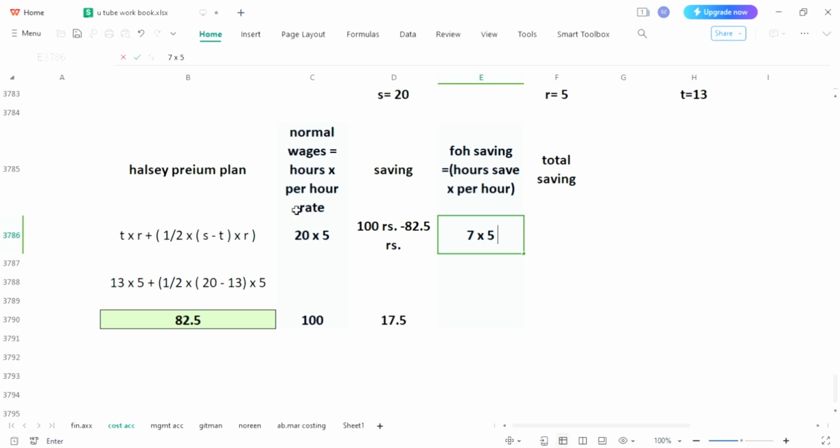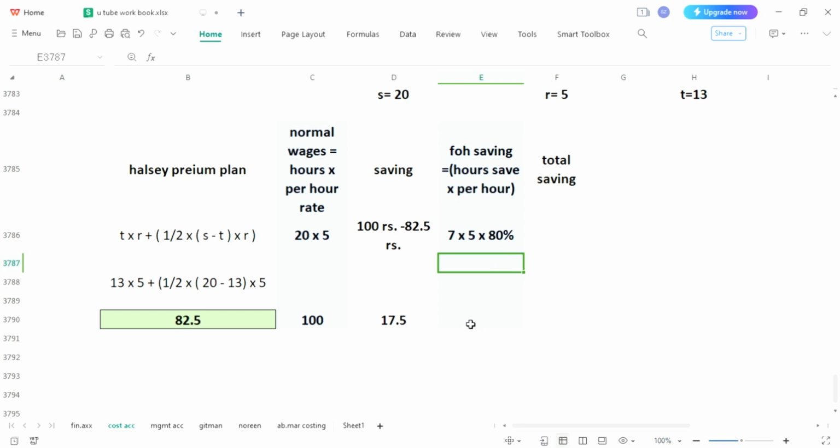And since we are calculating FH, we are asked to take 80%. So in this way your FH saving would be calculated. Let me help you understand it again. Please give your attention. 20 hours if the Halsey premium plan was not used, and they have completed their job within 13 hours. It means 7 hours they have saved, per hour rate 5, and FH is 80%.